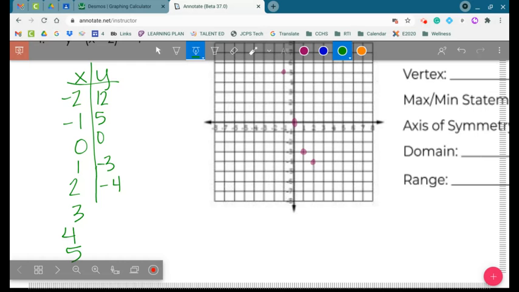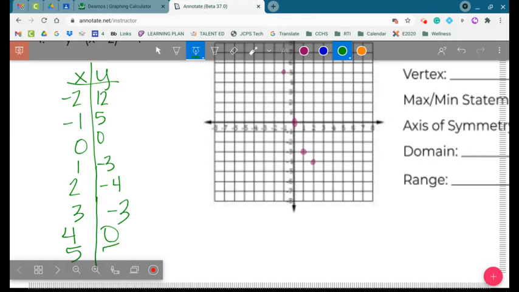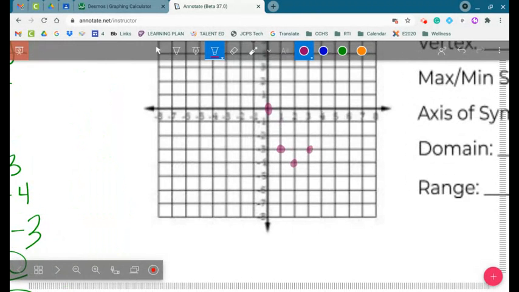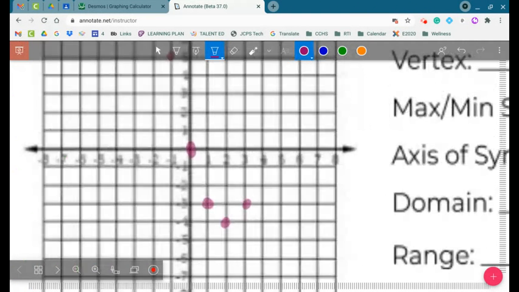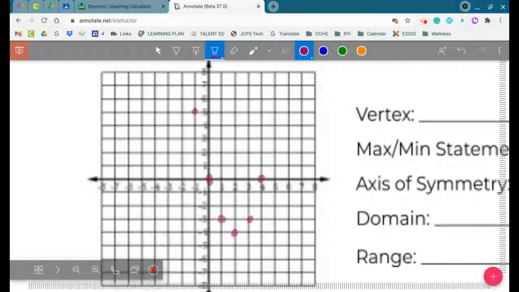I think it went back to -3 and then 0 and then 5. So I'm going to finish graphing those: 3, -3; 4, 0; and then 5, 5. So sometimes we may have to plot more points than we really want to.